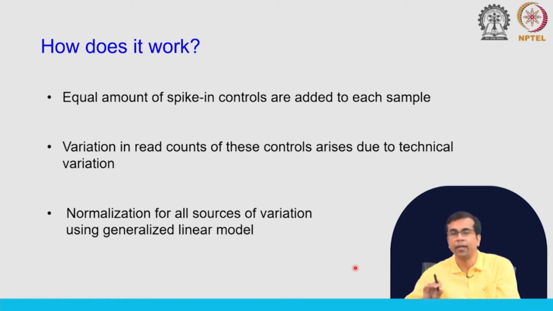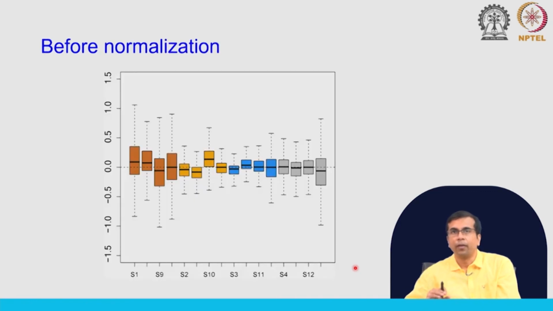Researchers have done that, and there are packages. We will see these things later when you do the hands-on, and we can remove this unwanted technical variation. I will just show this data again, because this data set had these ERCC spike-in controls.